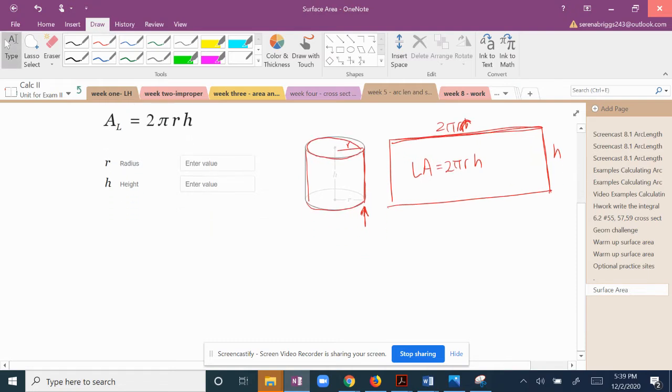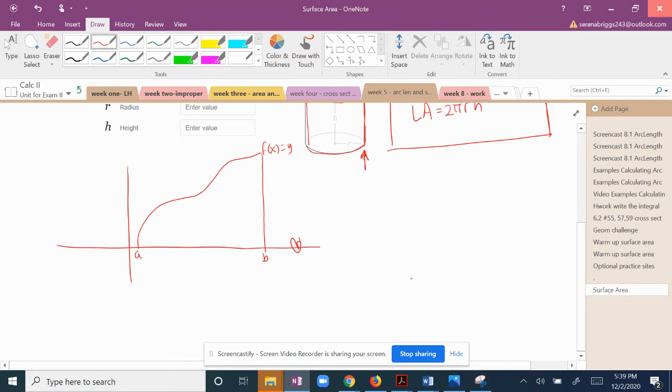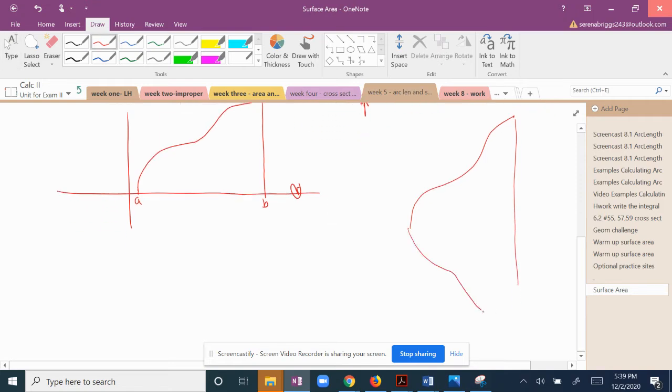Well, if I want to find the surface area of rotation of some curve, let's call this curve f of x equals y. Let's rotate it around the x-axis, starting right here and stopping right there. If we imagine that surface, it would be like this bell shape, but three-dimensional.